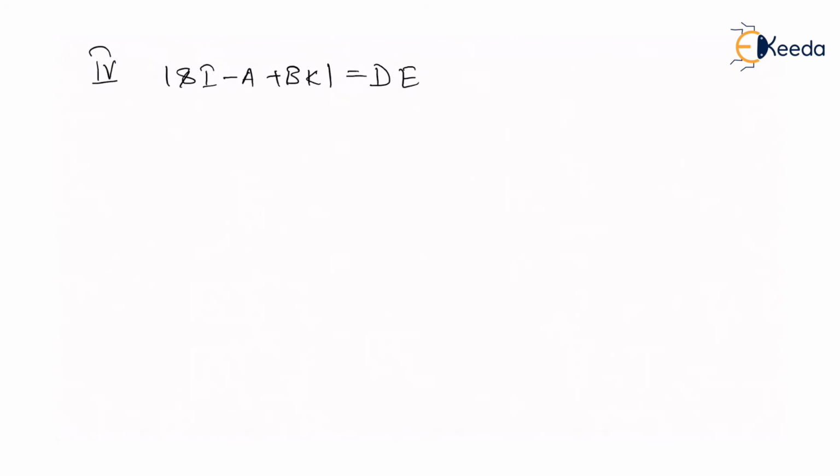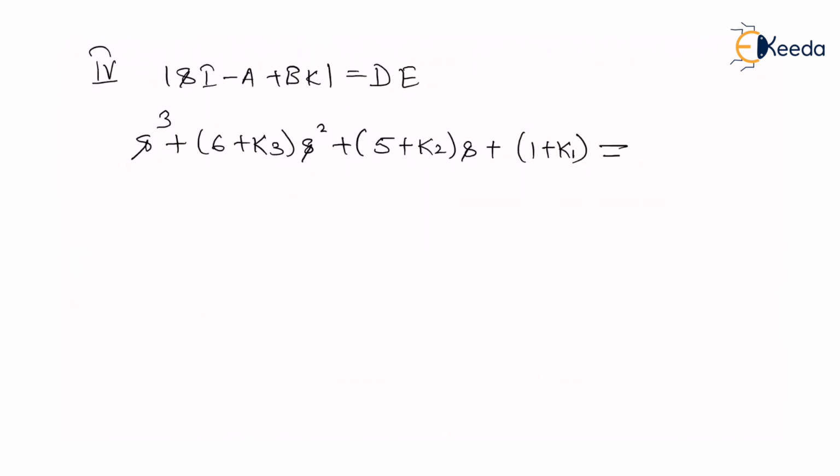The determinant of sI minus A plus BK was found to be s cube plus (6 + K3) s square plus (5 + K2) s plus (1 + K1), and this is equal to the desired expression, s cube plus 14 s square plus 60 s plus 200.